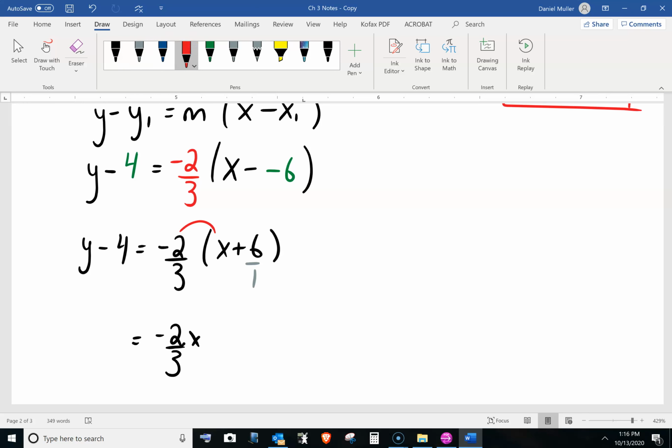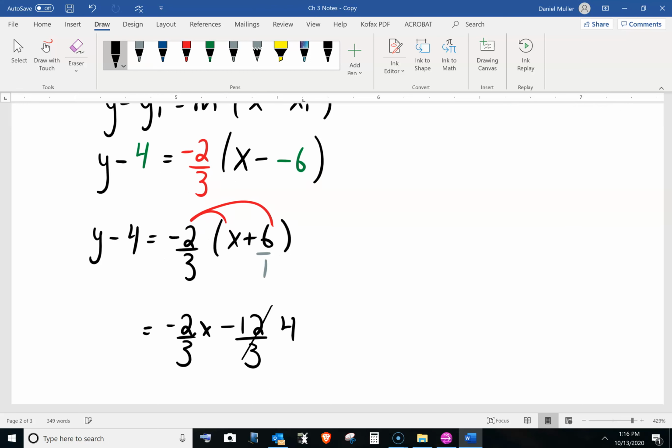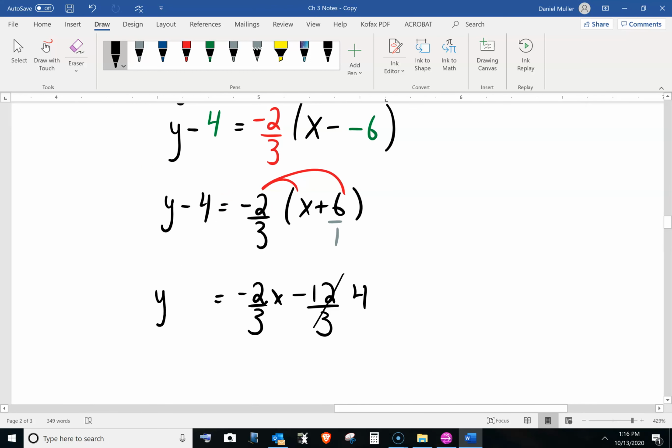And -2/3 times 6. So -2 times 6 is -12. So the numerators multiply to -12 and the denominators multiply to 3. Now -12 over 3, remember that is just a -4. 12 over 3 is 4. And so on the left here we have a y minus 4. So we can add a 4 to this, add a 4 to this.